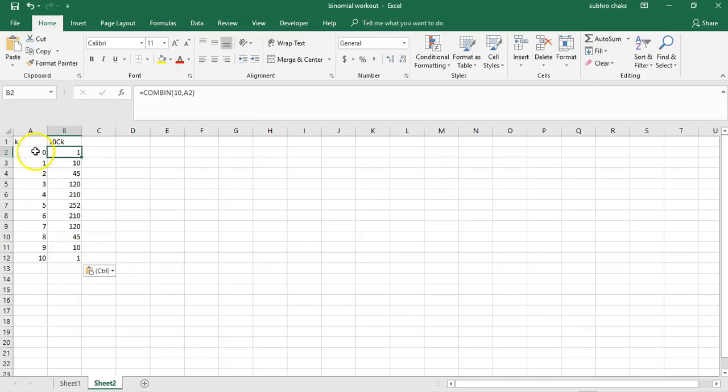But if there is 1 head, that 1 head can be in the first toss, the second toss, the third toss, or the 10th toss. So there are 10 different possibilities of 1 head. Similarly for 2 heads, there are 45 different possibilities of where those 2 heads are appearing. So that's why these coefficients are like this.